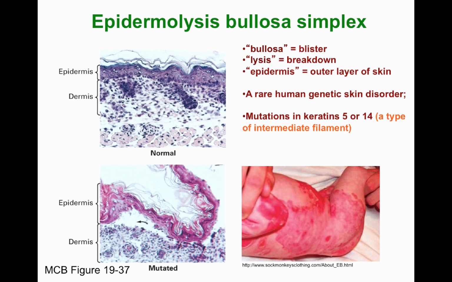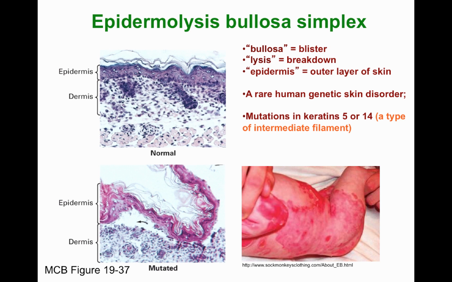Bullosa means blisters, lysis means breakdown, and epidermis, as you know, is the outer skin. So in this rare genetic condition, the epidermis is not able to withstand mechanical stress, and therefore, if stress is applied to it, it will detach from the dermis, creating the blisters that are shown on the right in this small baby.